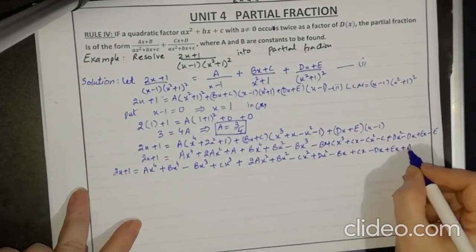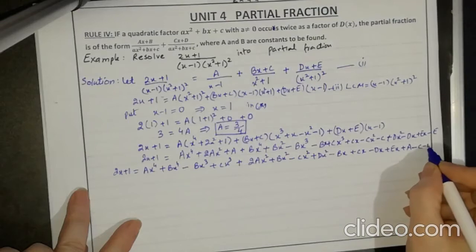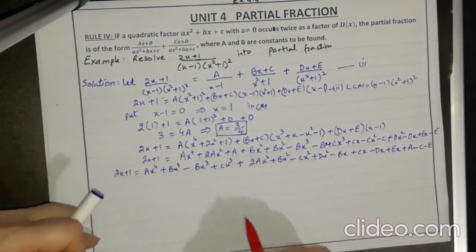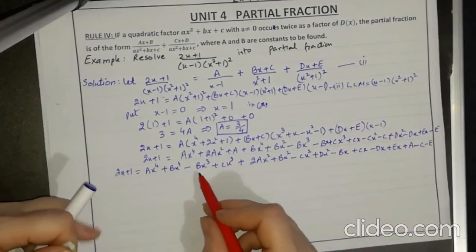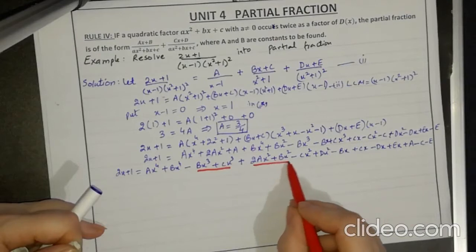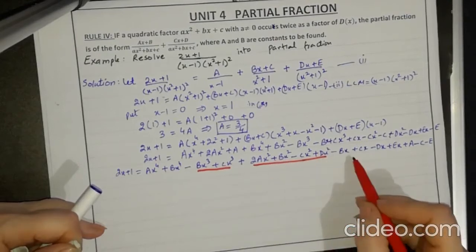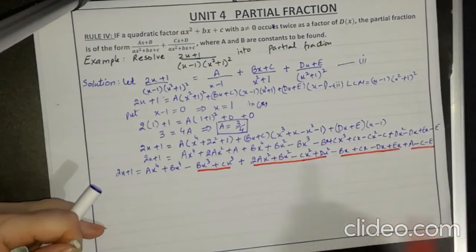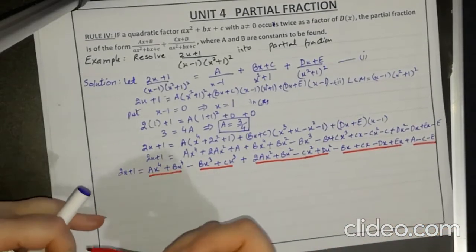Now constants: plus a minus c minus a. Now what are the like terms here? x cube, x square, x, and the constant.